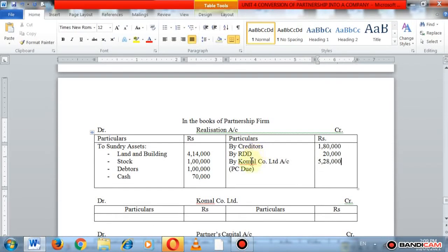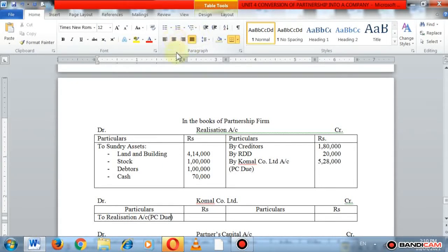One effect is on the credit side of realization account. Here we already prepared the Komal Company Limited account. So second effect on the debit side of Komal Company Limited account, and that is to realization account (PC due).